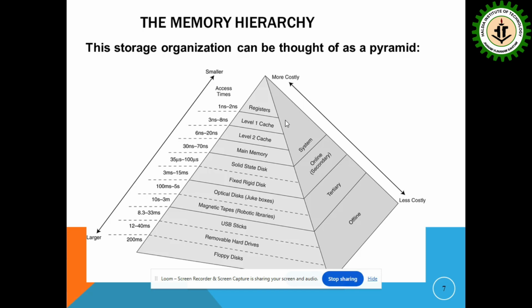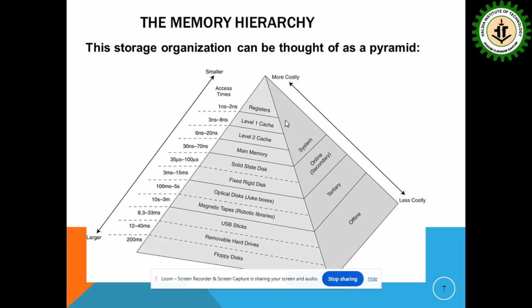If we take a look at the memory hierarchy, the storage organization can be thought of as a pyramid. The smaller size memories with higher speed, lower access time and much costlier components are kept very close to the CPU. Likewise, the registers have an access time of 1 nanosecond to 2 nanoseconds.